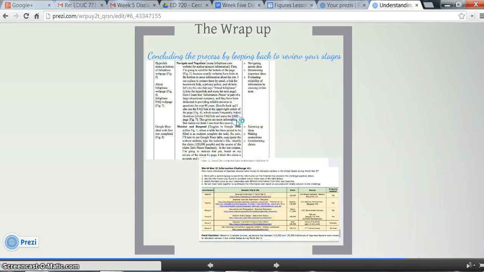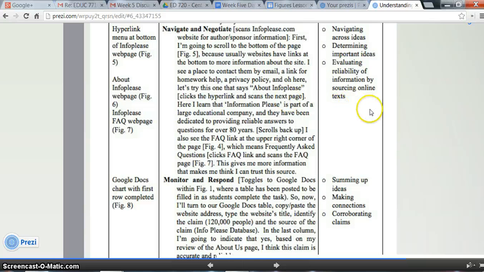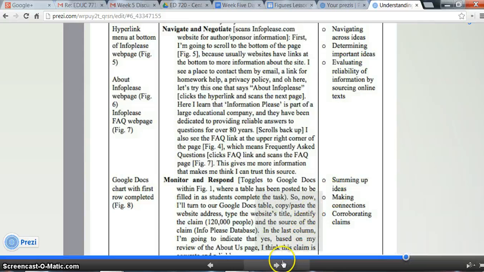This, again, clearly identifying that we have navigated and negotiated our way to the appropriate type of websites.